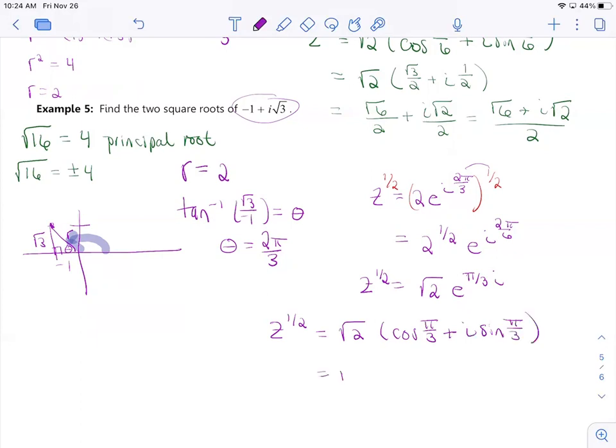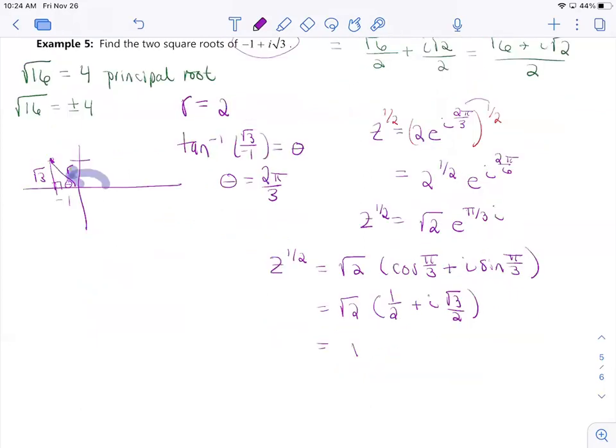Again, your unit circle is your best friend. Cosine of pi over 3 is 1/2. And sine of pi over 3 is root 3 over 2. Go ahead and distribute that. We'll end up getting root 2 over 2 plus i root 6 over 2.